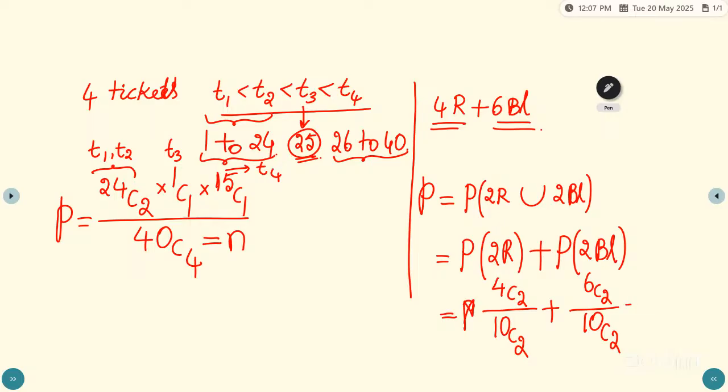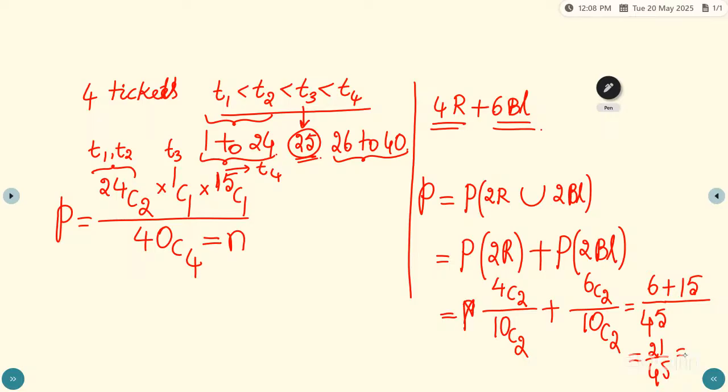So what is the answer? 4C2, 4 into 3 by 2, divided by 10C2, 10 into 9 by 2. What is the value? 45. Also 45. 6C2, 6 into 5 by 2, is 15. So what is the answer? 21 by 45.